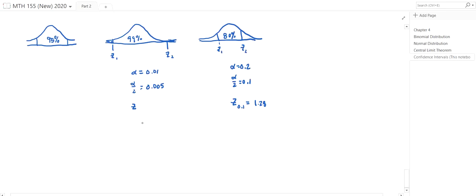Z of half the complement, 0.005, is approximately 2.58. 2.576 is probably the number you're going to get for a 99%.